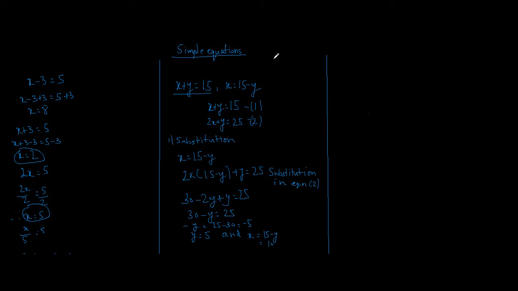So yet another method to solve these equations is the elimination method, the way we have been solving simultaneous equations traditionally. If I take x plus y equal to 15 and 2x plus y equal to 25, that is our older equations, and then subtract equation 1 from equation 2, in the process I will be eliminating y.